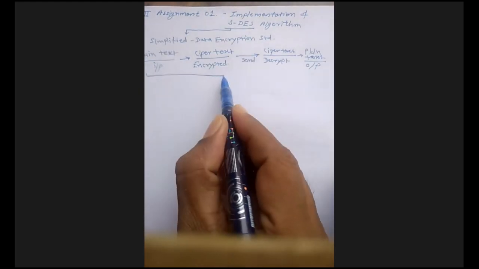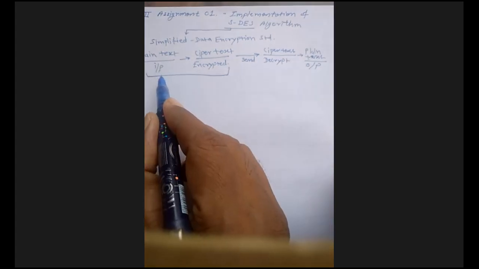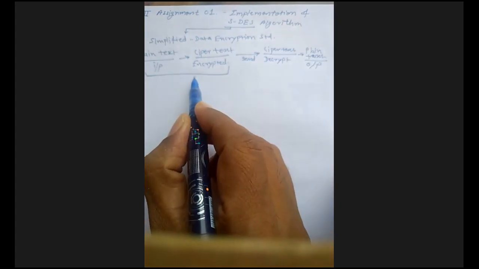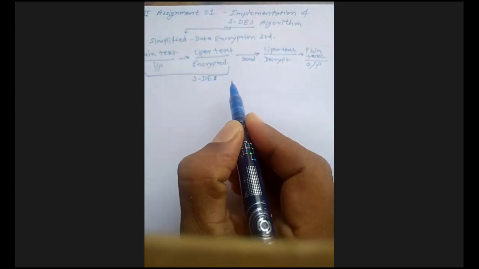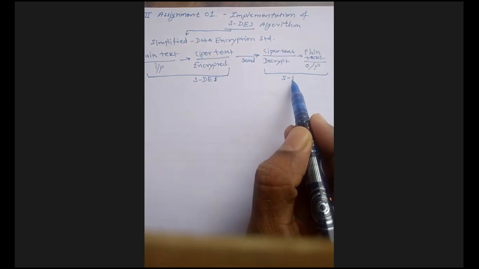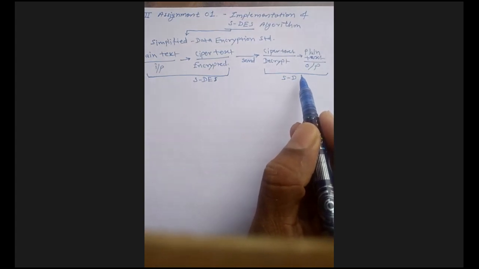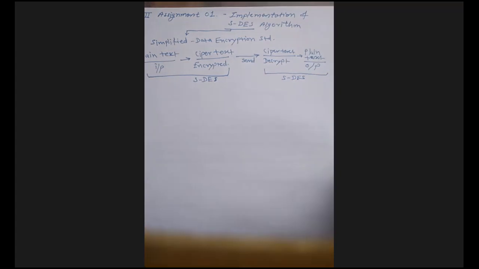See, I have converted the entire thing: first my input message in plain text is encrypted using the SDES algorithm into ciphertext. At the other end, they receive this message in ciphertext only, and they use the SDES algorithm again to convert from ciphertext to plain text.